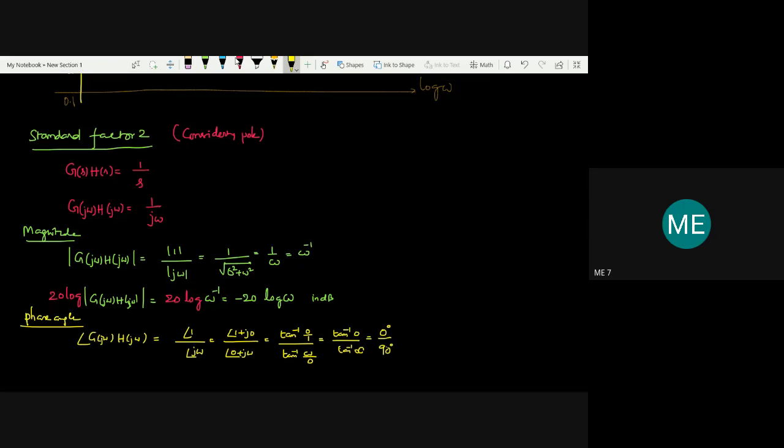But in this case, in the rectangular coordinates, a very important point here, we consider numerator angles and denominator angles.